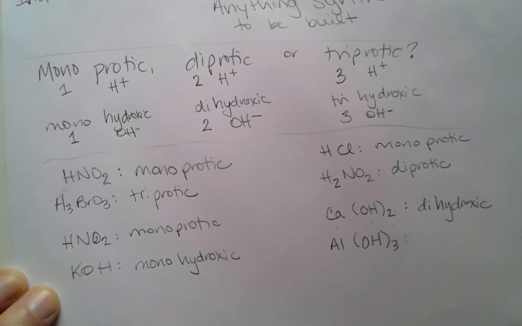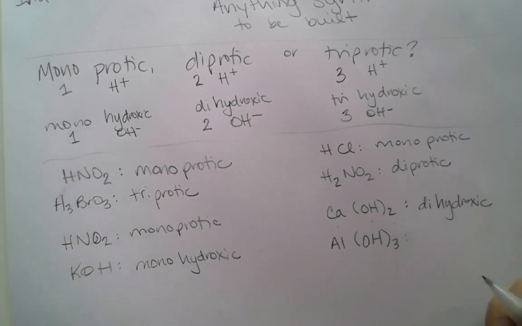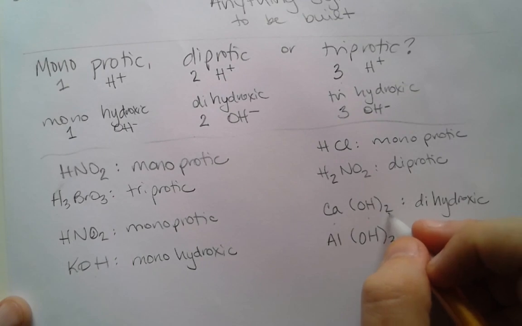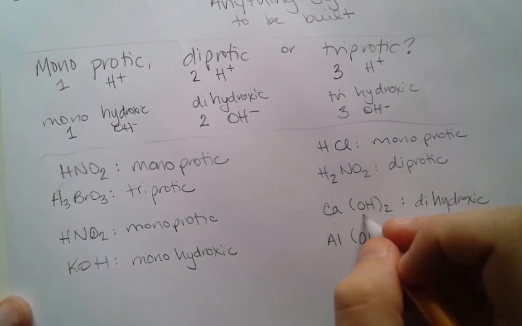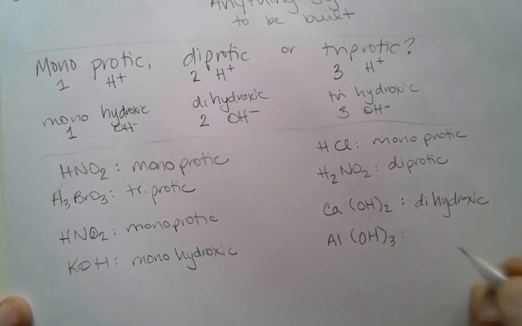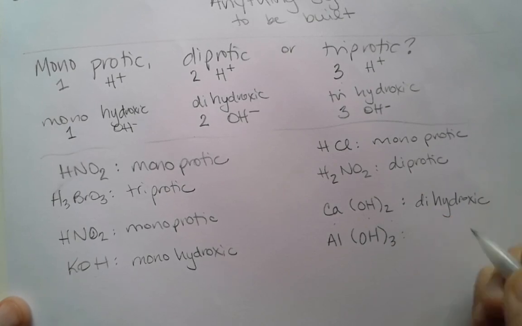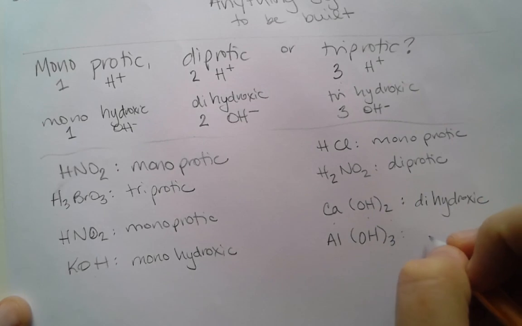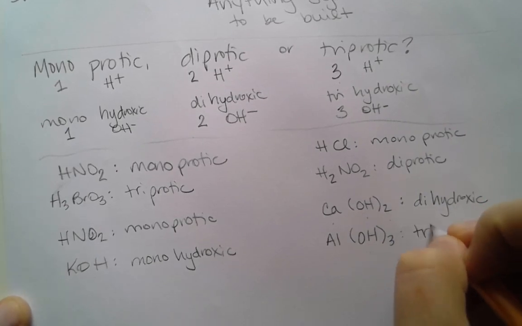You'll notice that I'm putting the parentheses around the OH groups. They are polyatomic ions. OH is a polyatomic ion. It has more than one atom in the ion. OH -1 is the full ion. So if you have 2 OH groups, put the OH in parentheses, 2 goes on the outside. If you have 3 OH groups, OH goes in the parentheses, 3 goes on the outside. 3 OH groups is trihydroxyl.